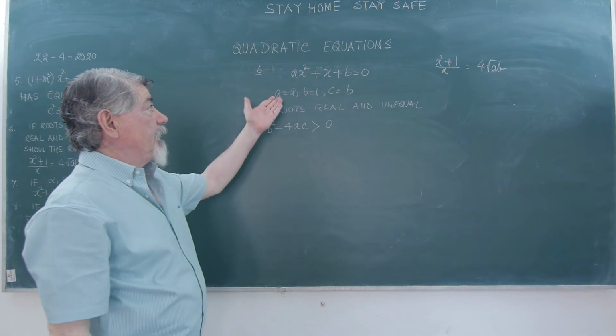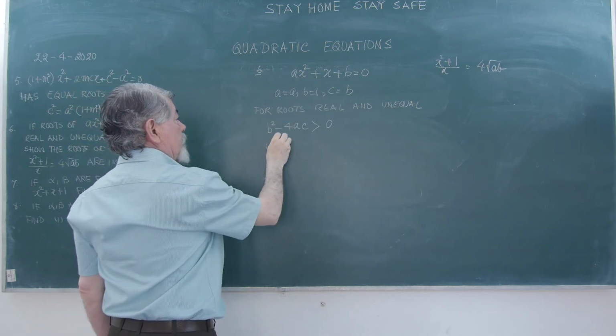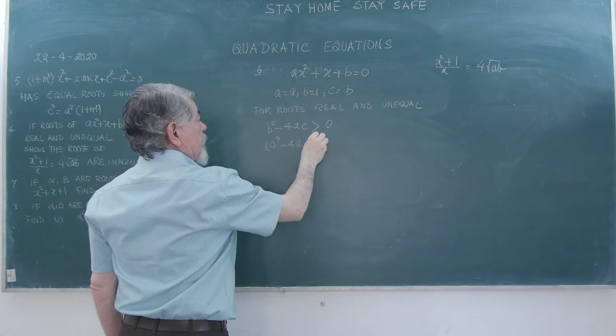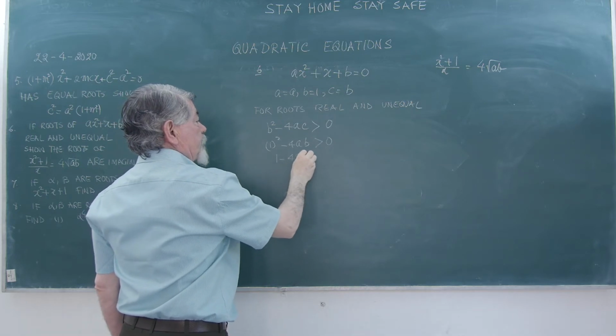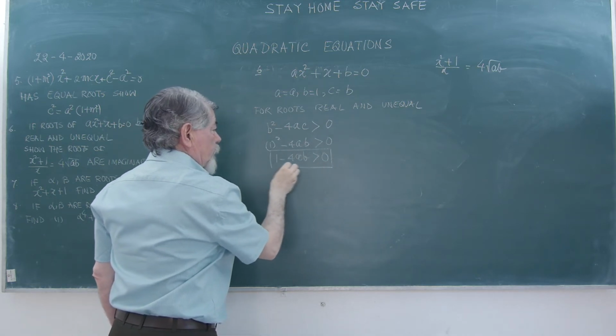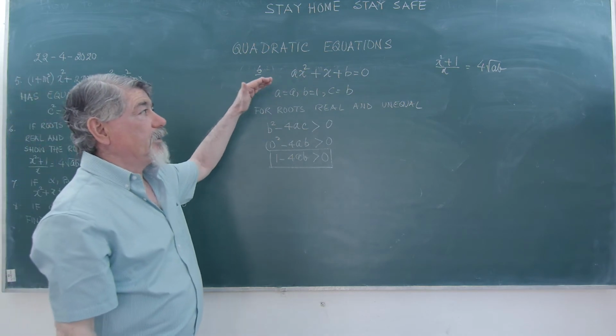So let us put the values and see. B is 1, so 1 whole square, minus 4a, where a is a and c is b. So the condition is that 1 minus 4ab should be greater than 0. This is the condition for the roots being real and unequal for this particular equation.